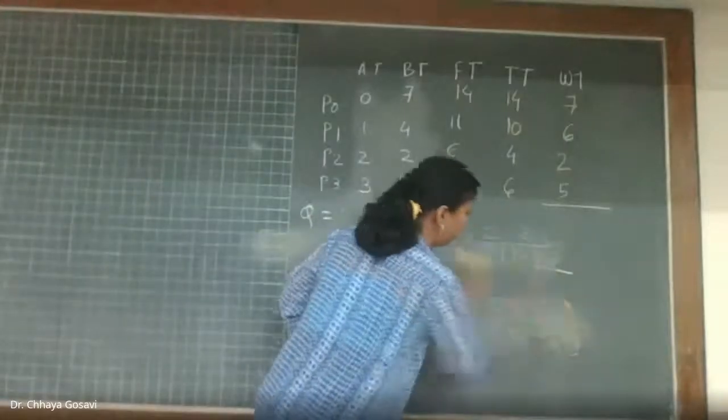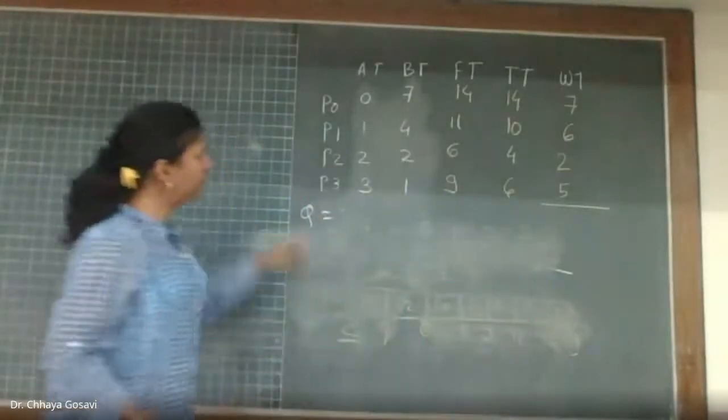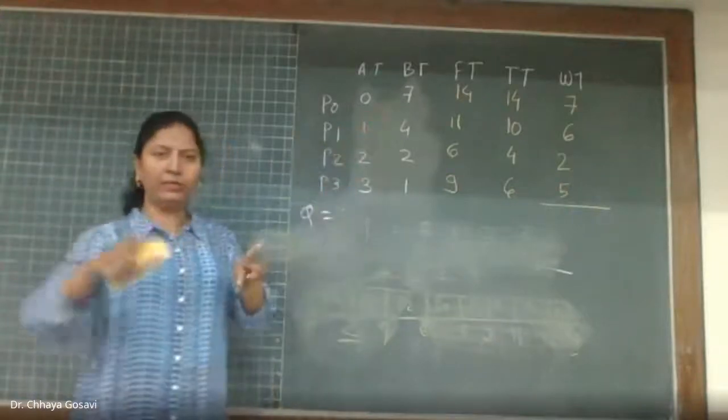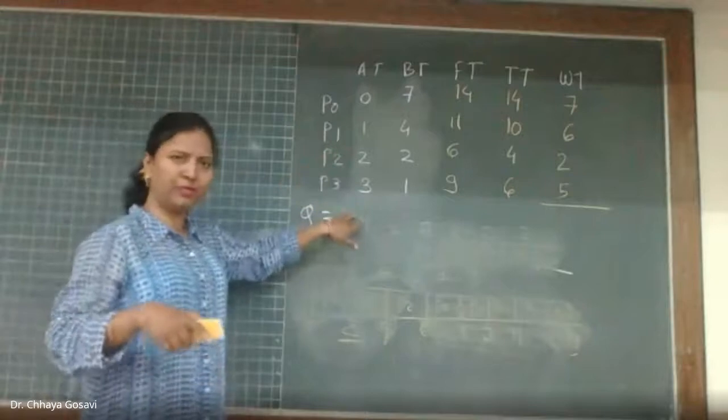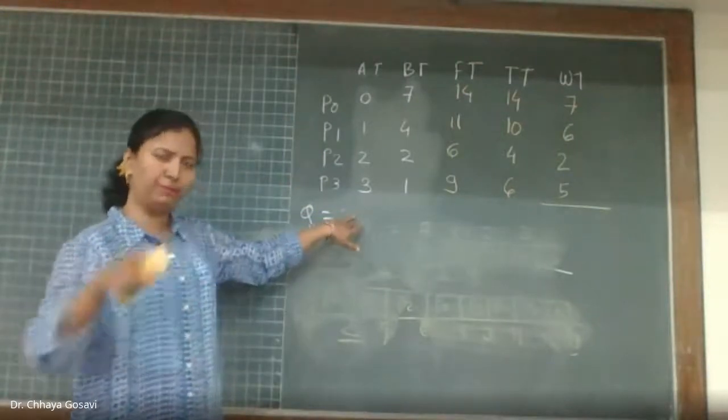What if we take the value of Q as 3 here? Let's check. Now it will follow the sequence without arrival time, because P0 will continue till 3 and at 3 all the processes are present, in the sequence P1, P2, P3.